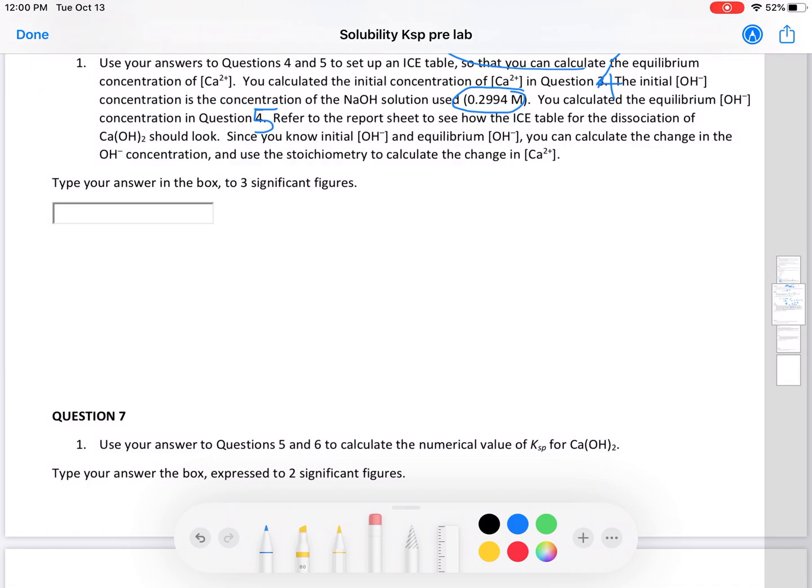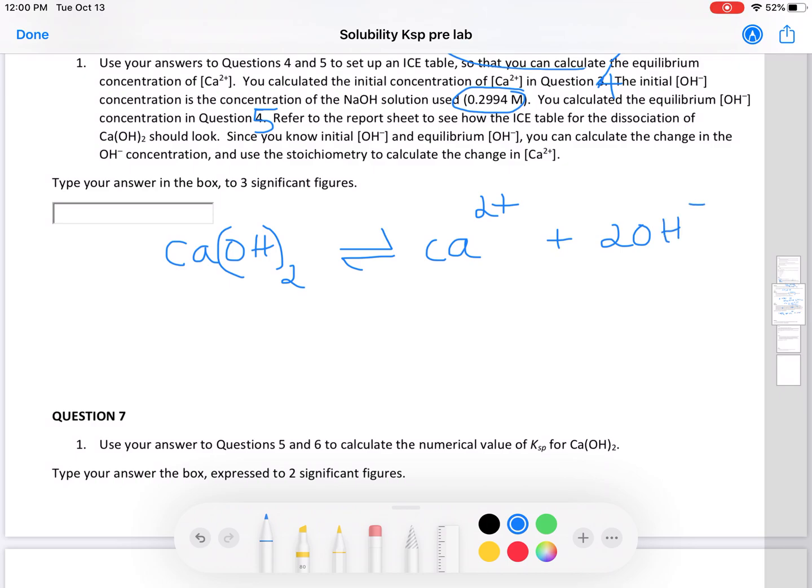So initially this calcium hydroxide has already been made. So we have calcium hydroxide. It's a solid, so it dissociates to give you calcium ions and hydroxide ions. Okay, and for the calcium hydroxide, since it's a solid, we don't need to use values for it. But we know the initial concentration of calcium ions. Remember, we calculated in question number 4, that is going to be 0.443.